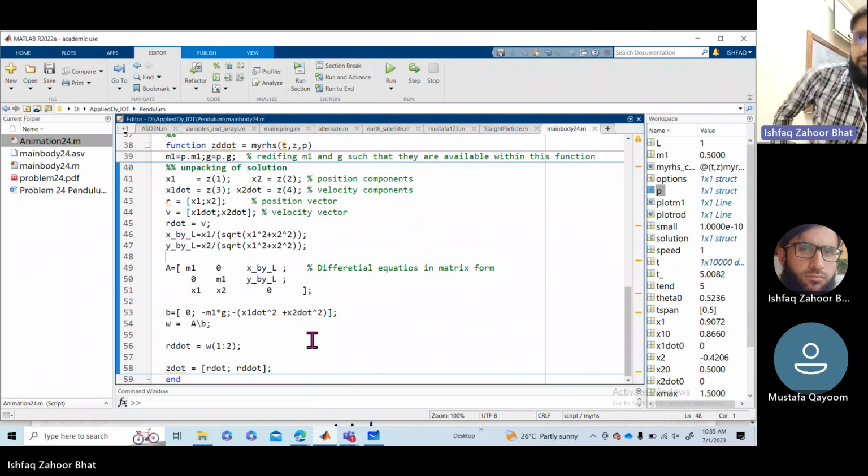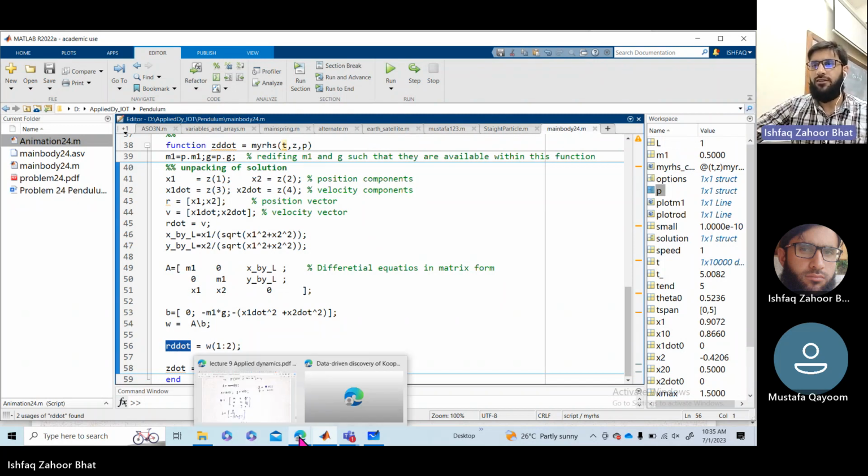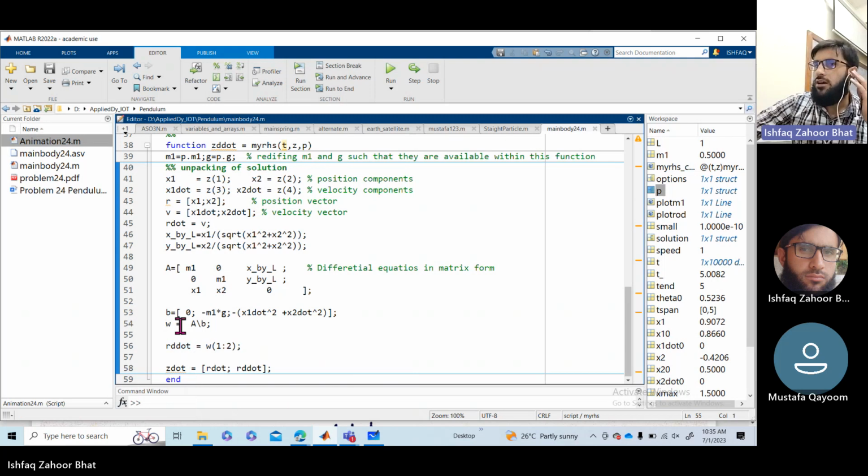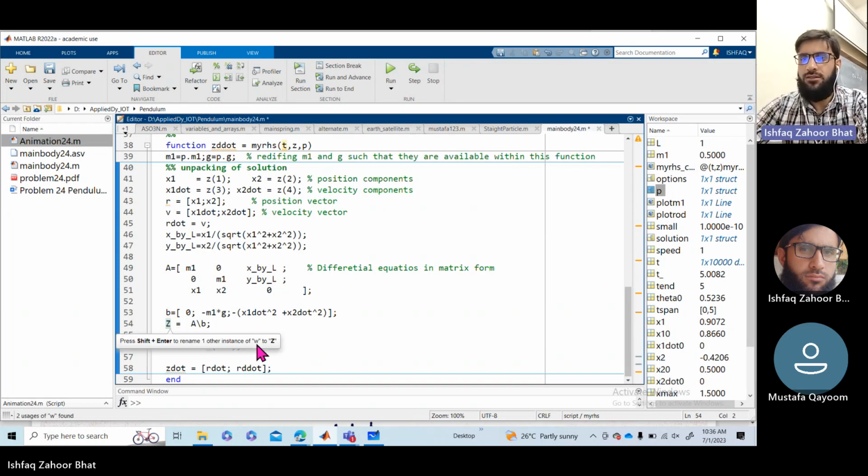Okay, so after this, now we can write this R double dot. What was R double dot? First, this W I will rewrite as, what should I write? Let me call it Z double dot. So Z double dot was this, isn't it? I have solved this.